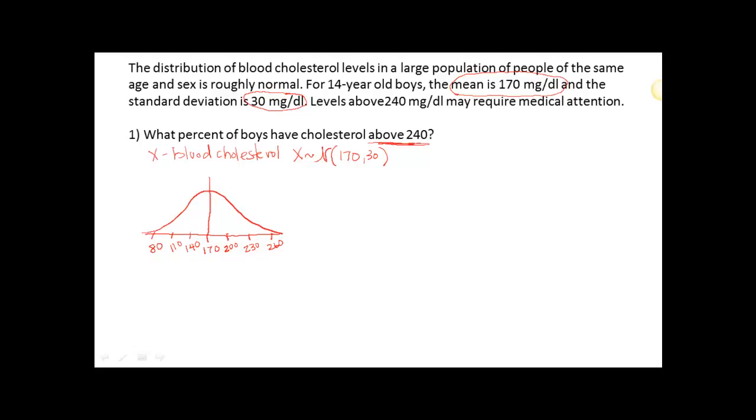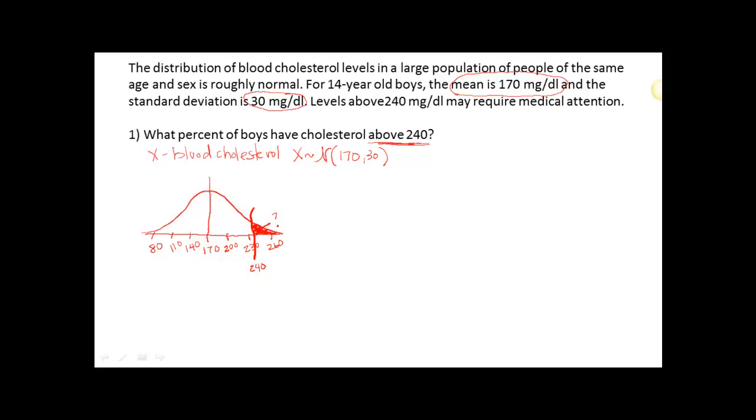And I'll get my picture of what the blood cholesterol levels of these boys looks like. Now for my question, I'm interested in boys that have cholesterol above 240. So I'm going to mark off 240, about right there, and shade in everything above that. So this shaded in area right there is basically the answer to my question.